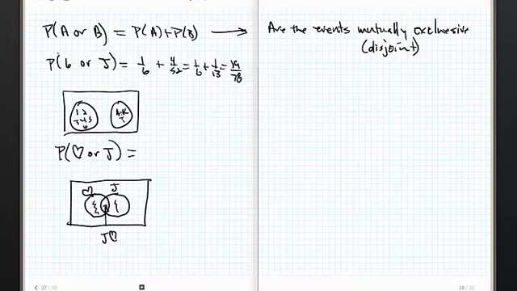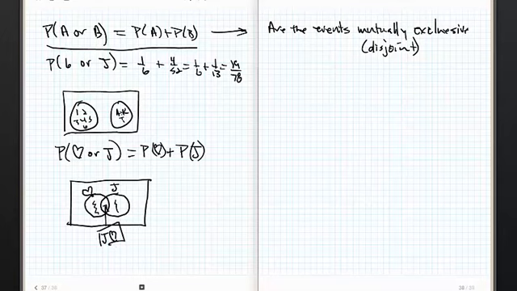But if I apply the previous probability rule, watch what would happen. I would say, okay, the probability of hearts plus the probability of a jack. The problem is that this card got counted twice. It got counted in the hearts, and it got counted in the jacks. So we need to subtract out the probability of the jack of hearts, the probability that it occurs at the same time. Does that make sense?